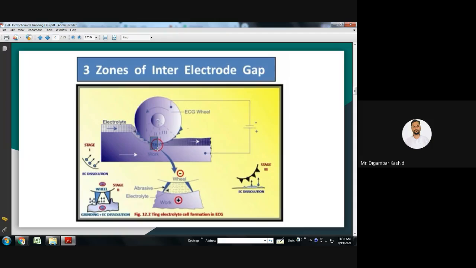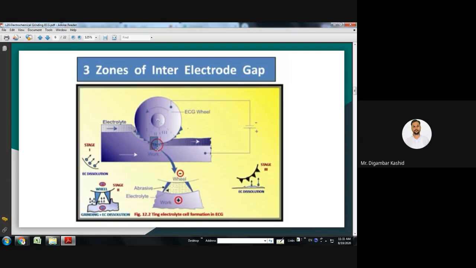So in zone number 2, due to the mechanical abrasion and the electrochemical dissolution, some sludge particles, that means debris, will form, as well as non-reactive oxide layers. The removal of the non-reactive oxide layer will promote the electrolytic dissolution.